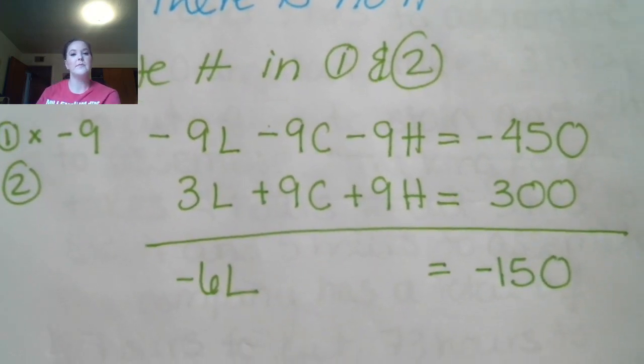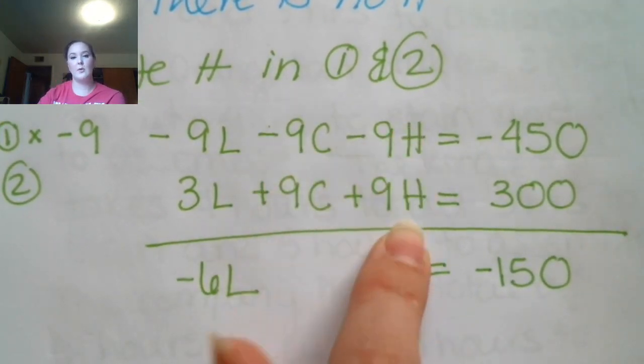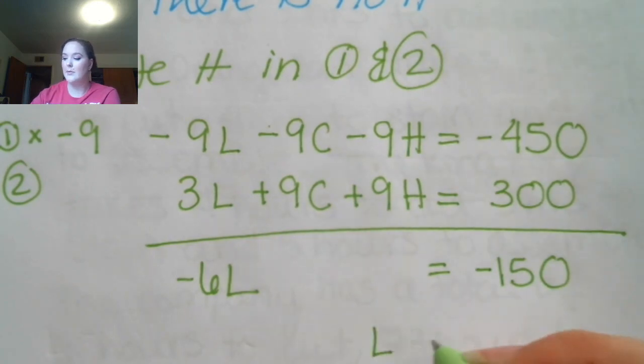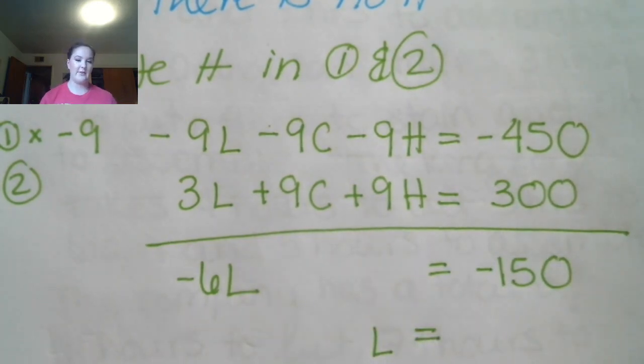Because these are both canceling out, I'm able to immediately solve for my value L. I'm just going to divide both sides by 6. So 150 divided by 6 gives my answer, and that's 25.